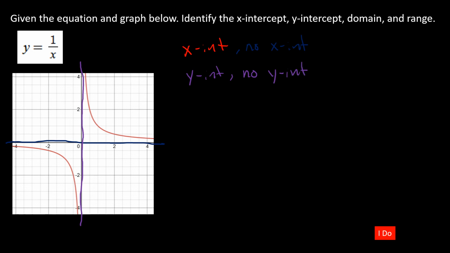What about the domain and the range? So domain is our x values, right? So how far to the left and right? Well, this red line is going forever to negative infinity. And it comes in, it comes in, it comes in, and it gets really close to 0, but then it doesn't touch it.